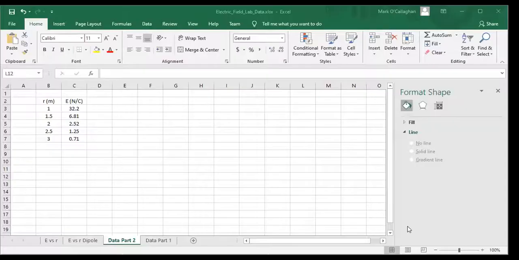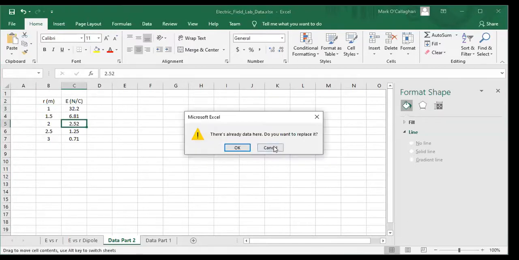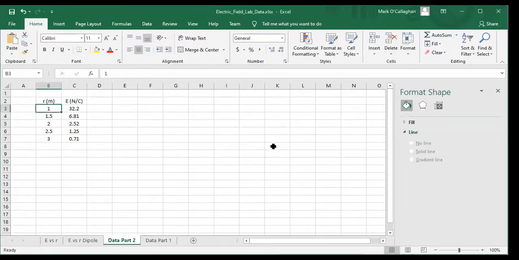So again, this is what I took and threw in Excel. I made a new tab and called it Data Part 2. And again, I did the same thing as I normally do. I highlight the two columns. Sorry, my mouse is being goofy, could be Zoom.